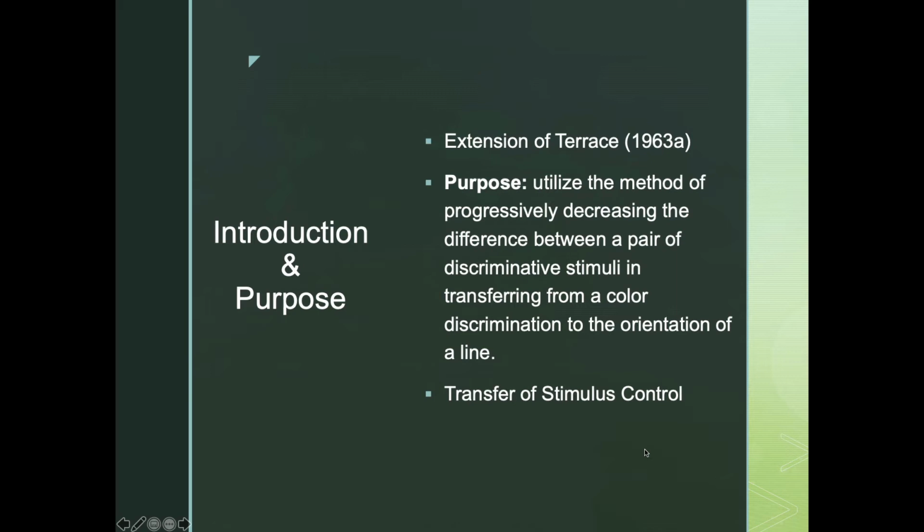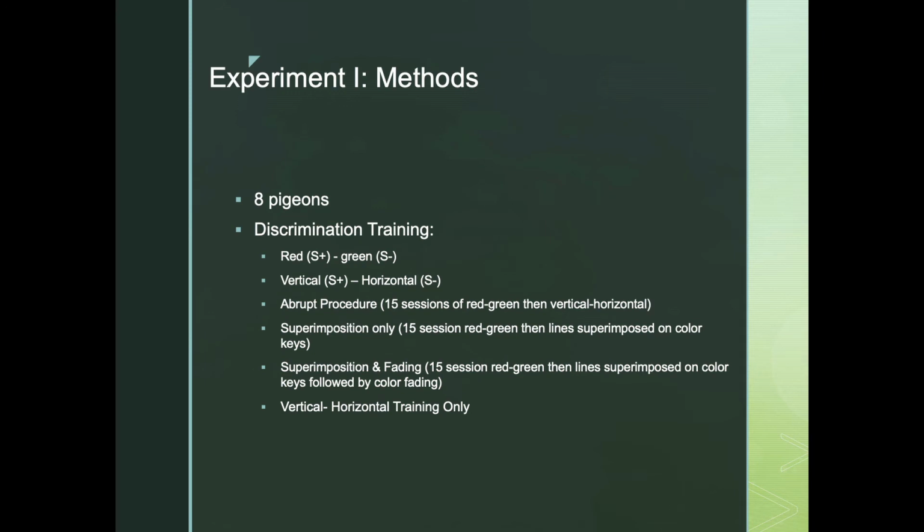So basically what he wanted to do here was utilize that procedure first to establish a red-green discrimination and then to transfer control from the easy red-green discrimination to a more difficult discrimination, and it was a line orientation, horizontal versus vertical line. So again, what we're talking about here is just simply the early research showing how stimuli could be faded to transfer stimulus control.